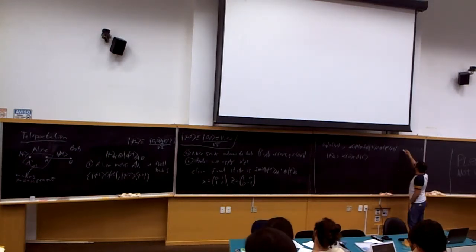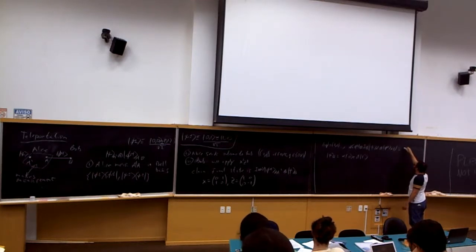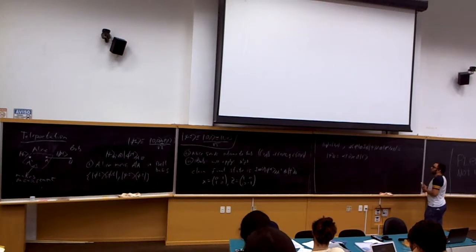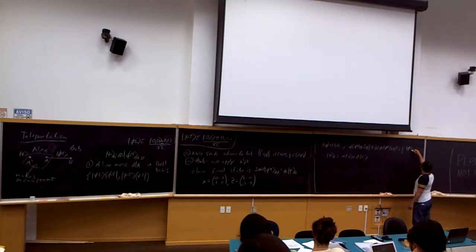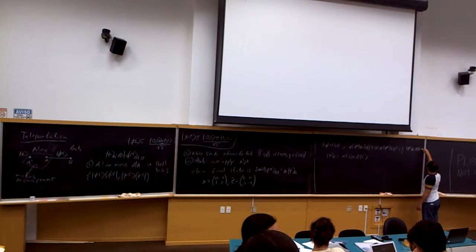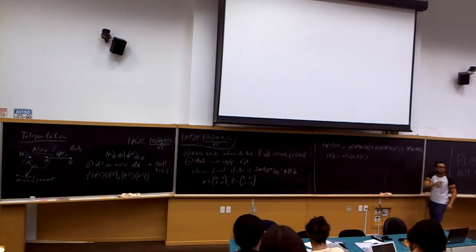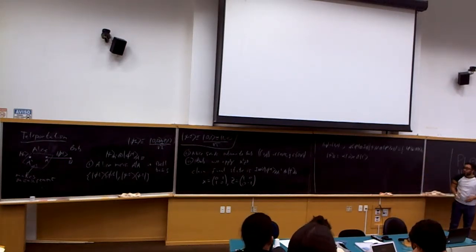And then you see that this is equal to, with normalization, one half times phi plus on A prime A and psi on B. Okay? So you just do this computation, you see that.